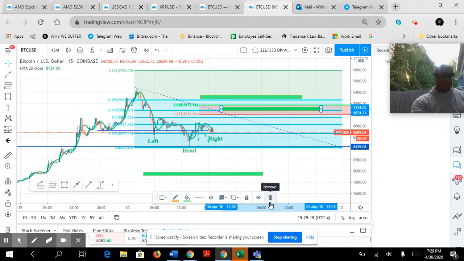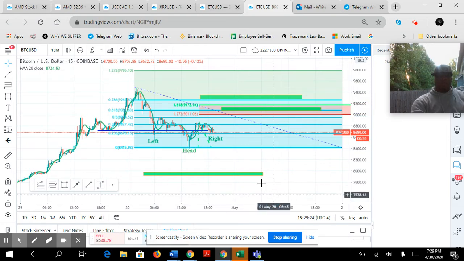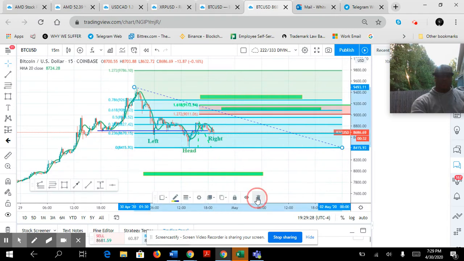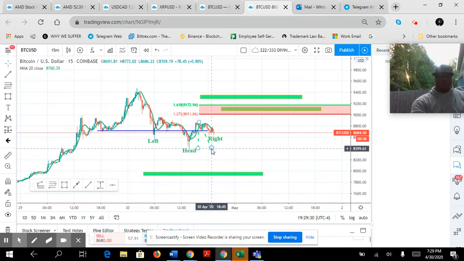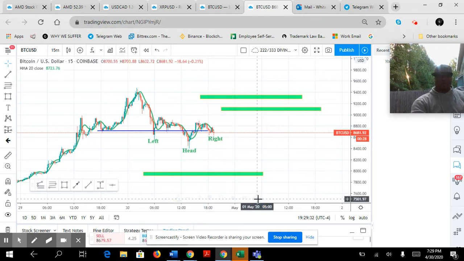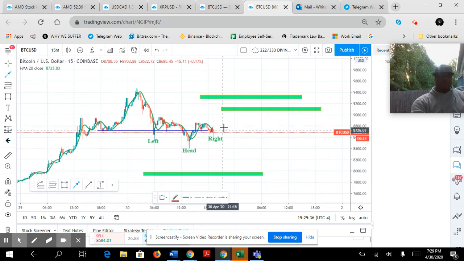So now you have two targets to the upside. If this right shoulder holds up, price could come back and test this area.